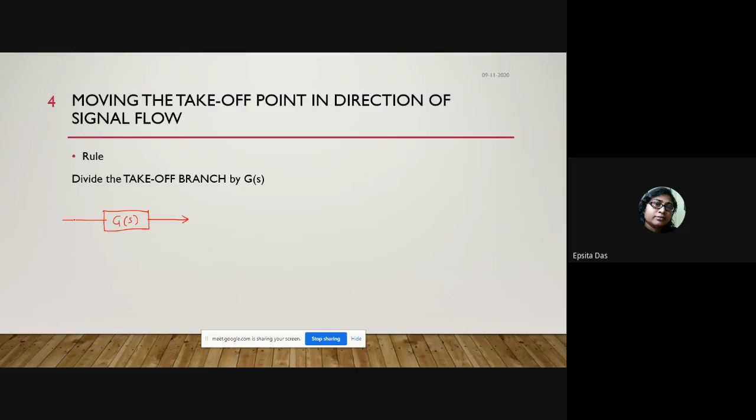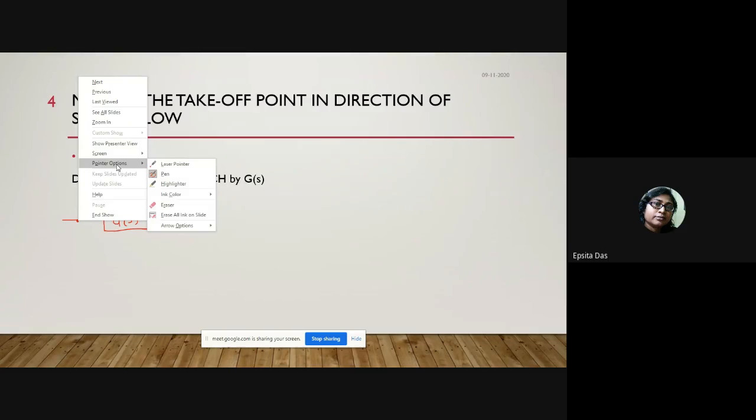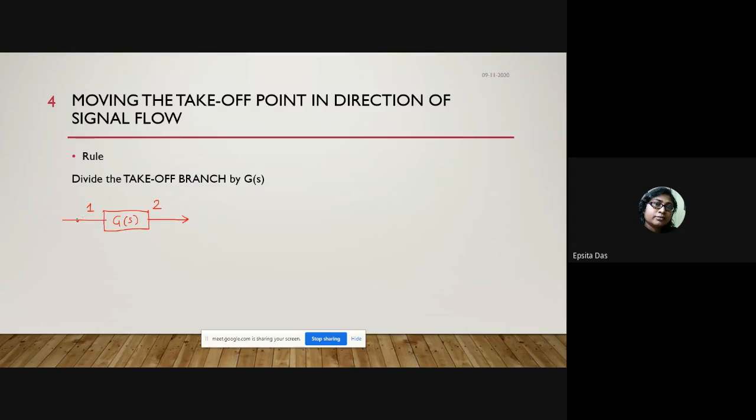And the signal is flowing from 1 to 2. Now, suppose this is a takeoff point.